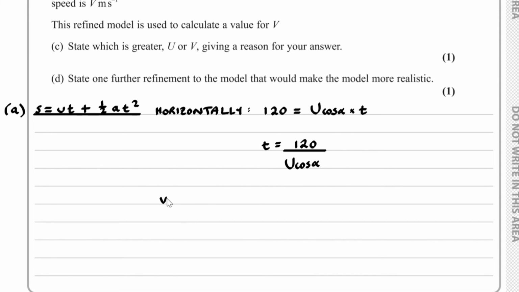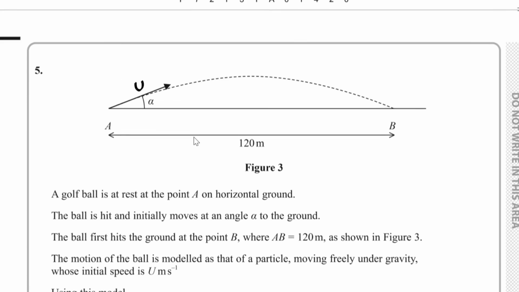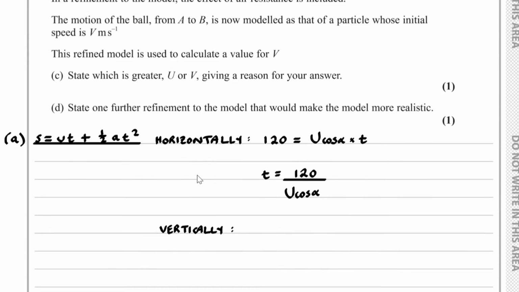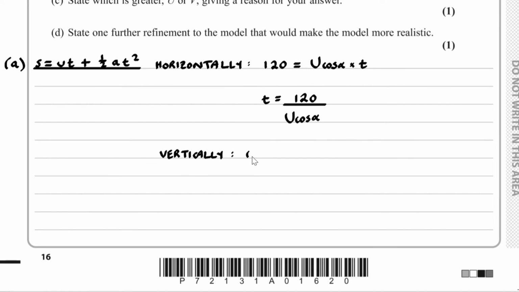And if we consider the motion vertically, then the total displacement vertically will be 0, and this will equal the vertical component u sine alpha multiplied by t minus 1/2 times 9.8 times t squared.